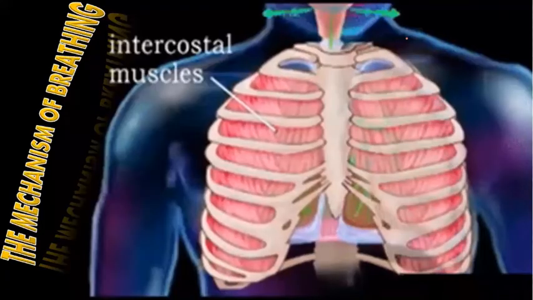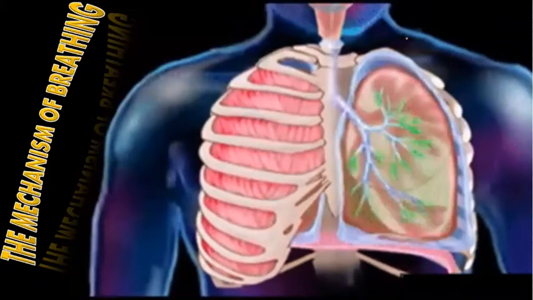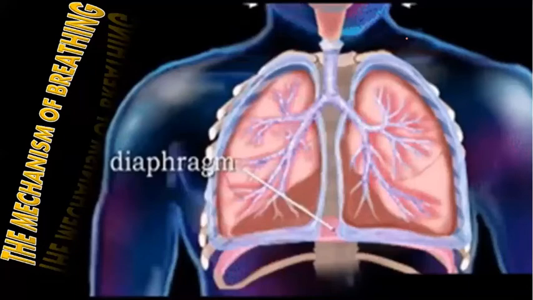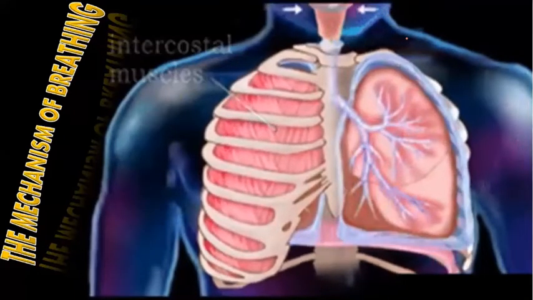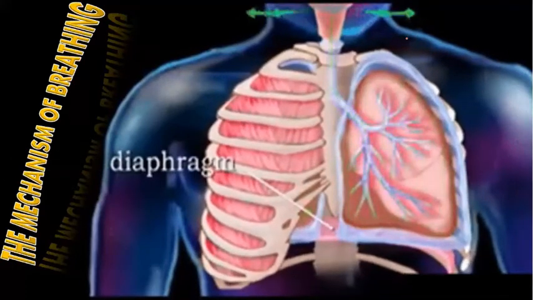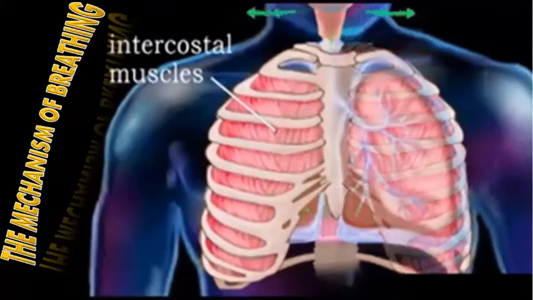Dear students, in the previous topic, we studied the respiratory system, or we can say the breathing system of human beings, in which we studied the upper respiratory system and the lower respiratory system.